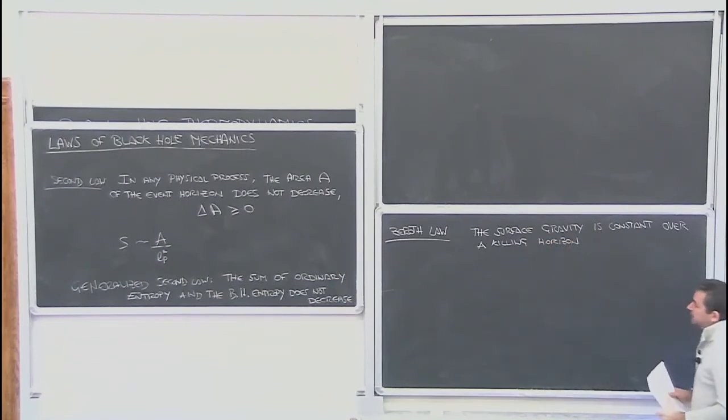Yesterday I didn't really prove the fact that the surface gravity is constant over a Killing horizon. I made the claim. We showed that this is constant on orbits of the Killing vector Xi. But okay, this is a fact.